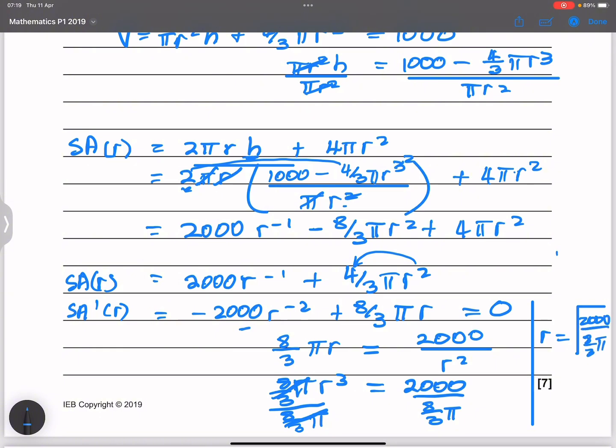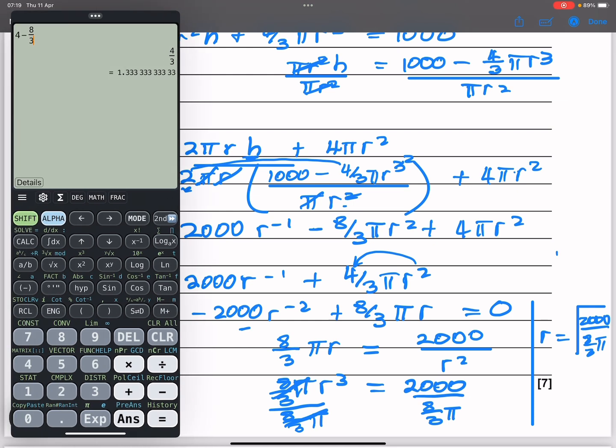All right, so let's do that on our calculator. So this is going to give me the cube root of 2000 over 8 over 3 times the value of pi.